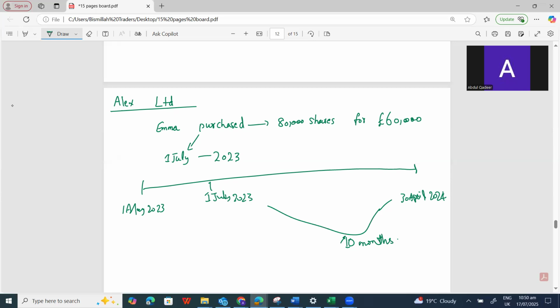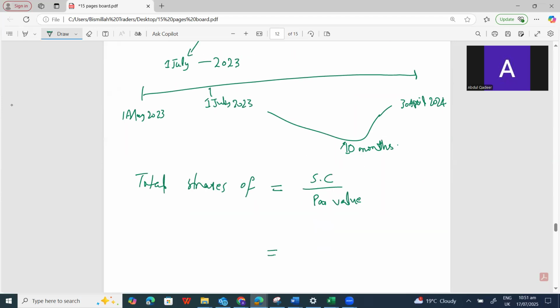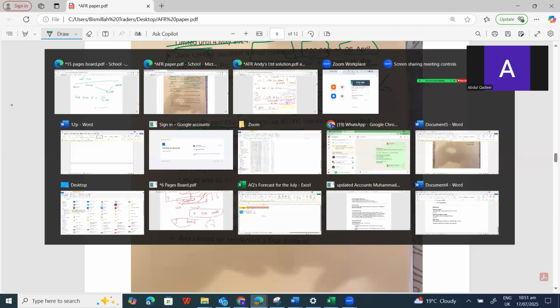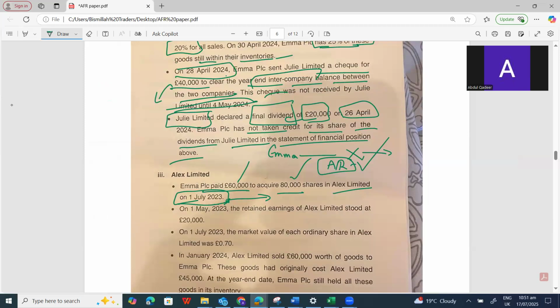First, we see whether it's our subsidiary or associate. For that, we have to calculate the total shares of Alex. For that, we need share capital and par value, which we see from the question in the notes.